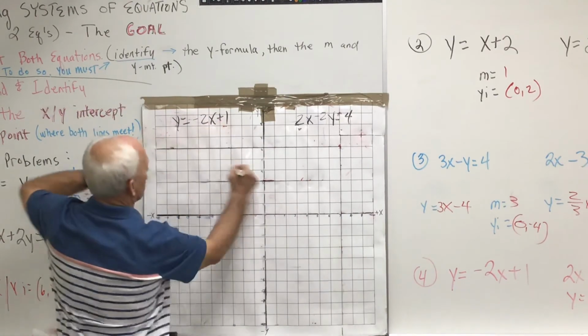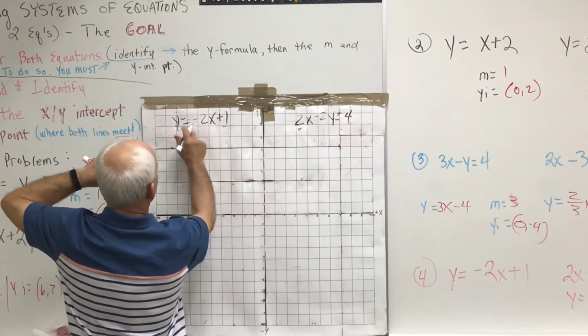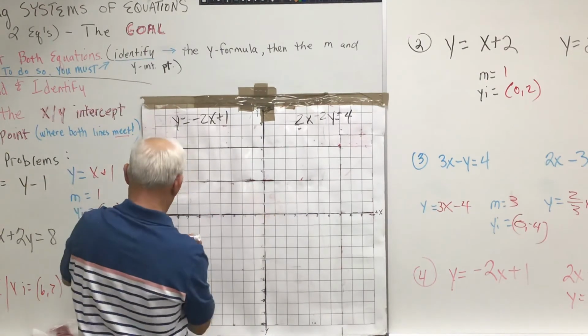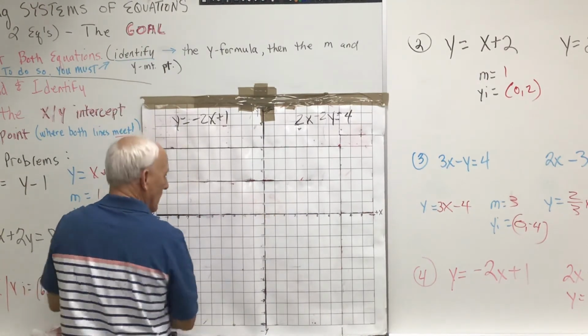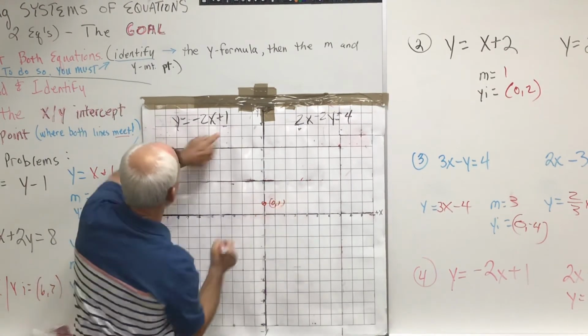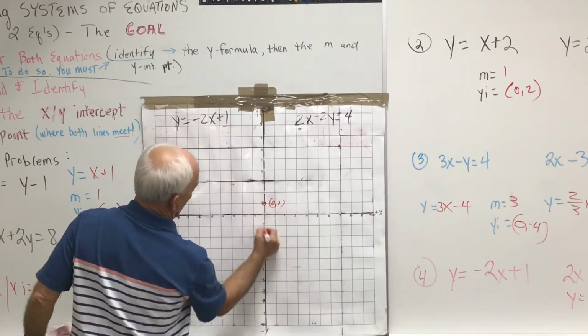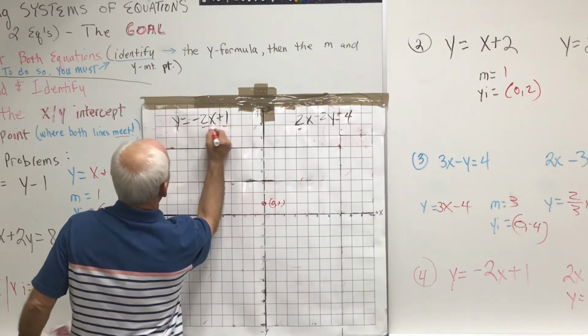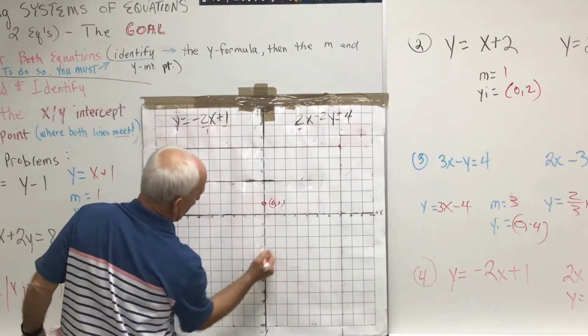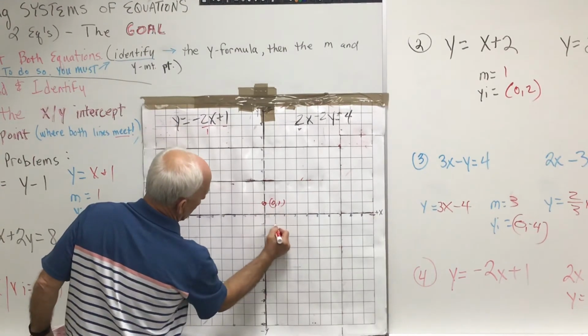I have the slope, which is -2, and then the y-intercept is going to be, let me get my red, put it in here. There it is, 0, 1, right? Okay, and I'm going down 2, remember, over 1, rise or fall, down 2 over 1.